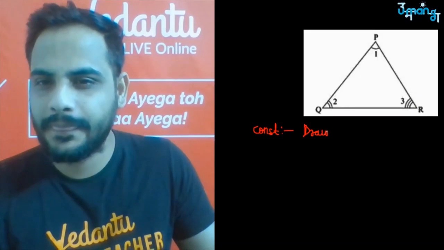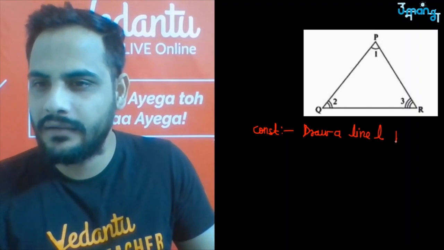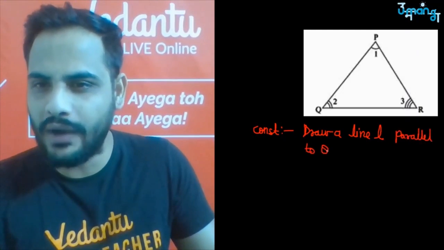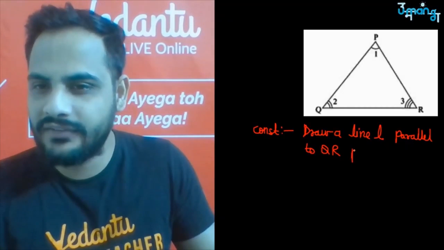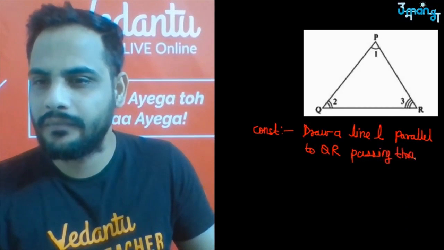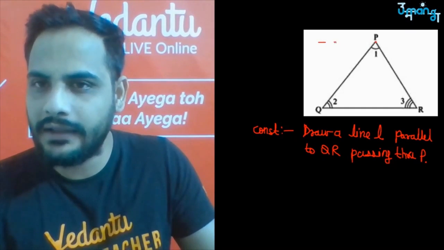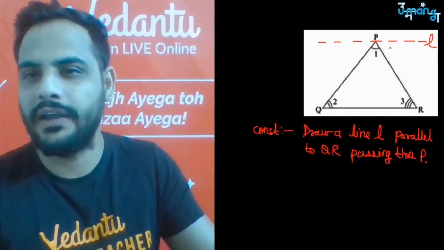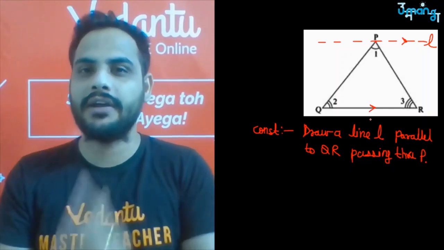Draw a line L parallel to QR, passing through P. So through this P, draw a line L which is parallel to QR. Okay, so this line L and this QR, they both are parallel lines.